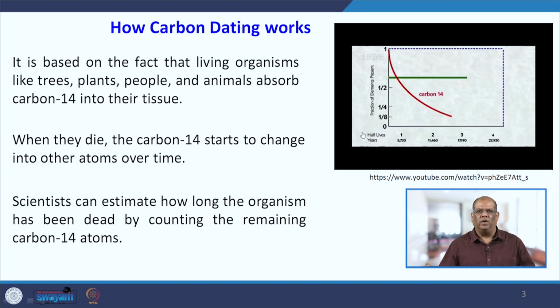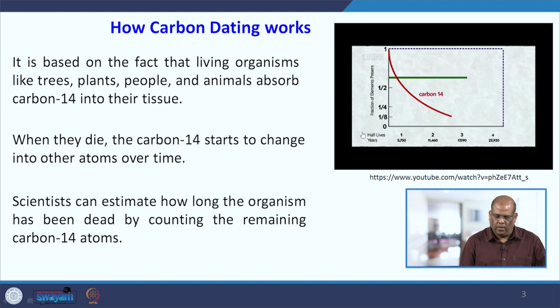Scientists use this information to calculate the approximate age of a fossil, or of animals, plants, and trees that absorb this carbon 14. So, let us see how we can use mathematical modeling to find the approximate age of a fossil or of a relic that archaeologists suddenly discover.